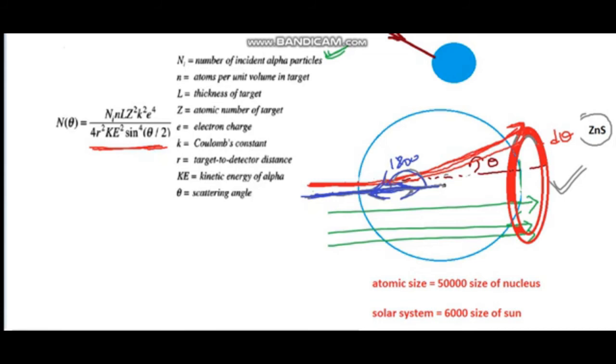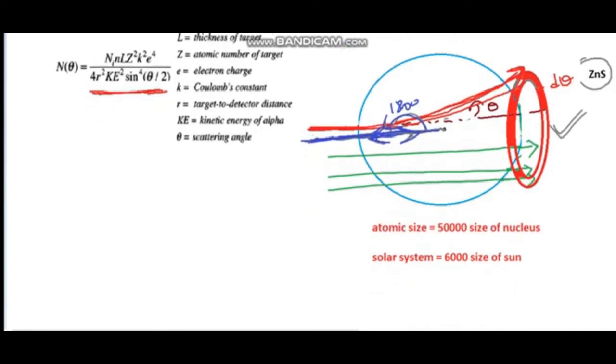So the number of backscattered alpha particles will be very, very small, and the number of alpha particles scattered at a lower angle will be larger. That's how the scattering angle affects the number of scattered alpha particles.